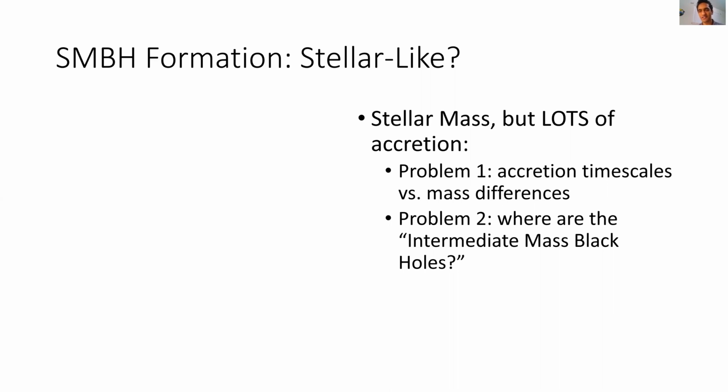And yet we haven't yet seen any black holes with these intermediate masses, like 100 to 100,000 solar masses. We only see stellar black holes, less than 100 solar masses, and these supermassive ones, which are on the order of millions or more.